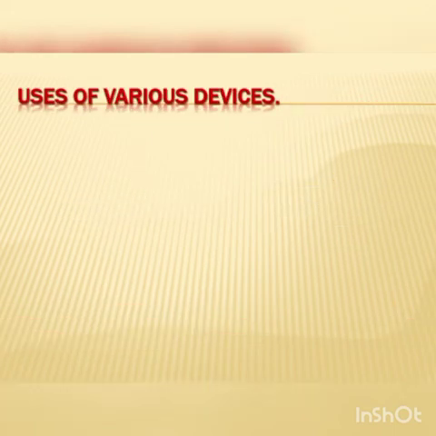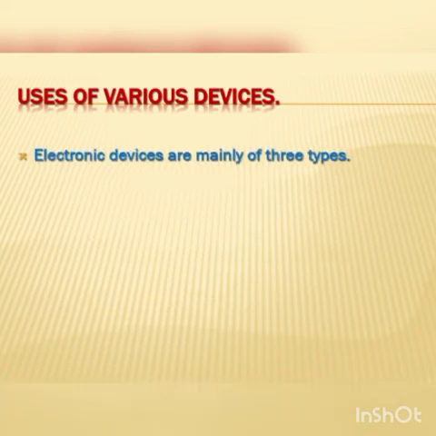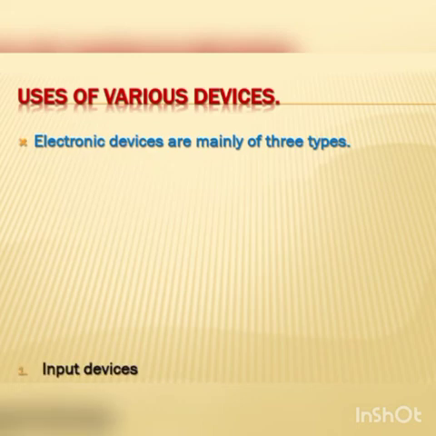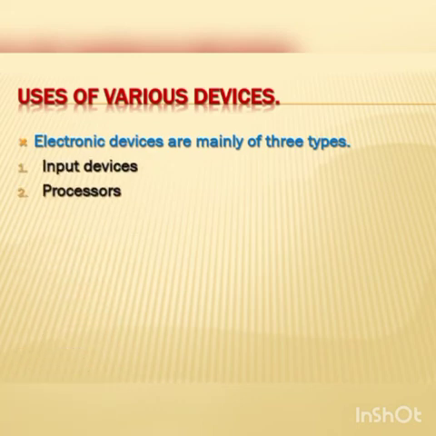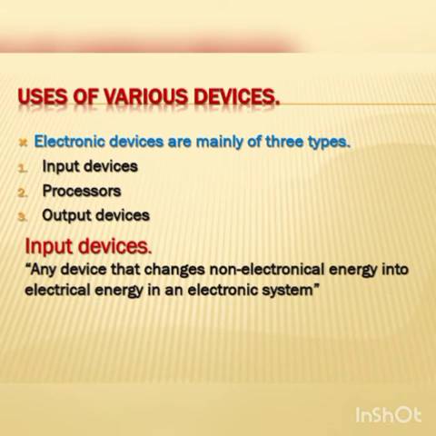Now, we have to discuss the uses of various devices. Here are some types of devices. Electronic devices are mainly of three types: input devices, processors, and output devices. Now, what are input devices?